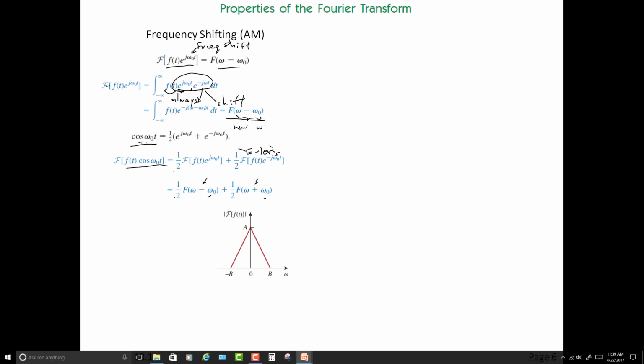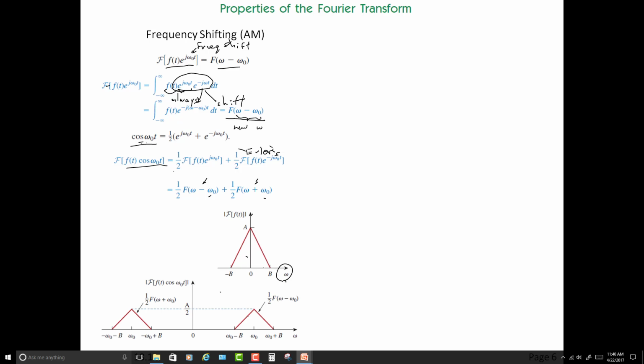So this is the amplitude distribution of the signal itself, as a function of frequency over the bandwidth. That's what we have for the cosine. And now we're saying if we do frequency shifting, in other words, amplitude modulation, we get this.